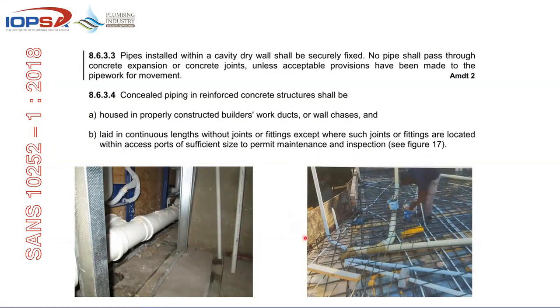So you can see a typical example: imagine once this floor is cast, we've got a joint into what looks like a vertical stack. I can only hope this is not the highest floor. There's a toilet and another toilet and a couple of waste fittings. Once this is nicely boxed in and concreted over, there'll be no access to any of those changes of direction.